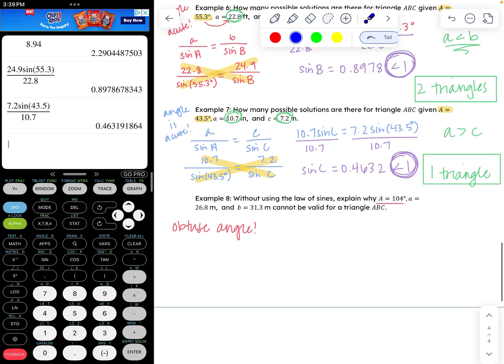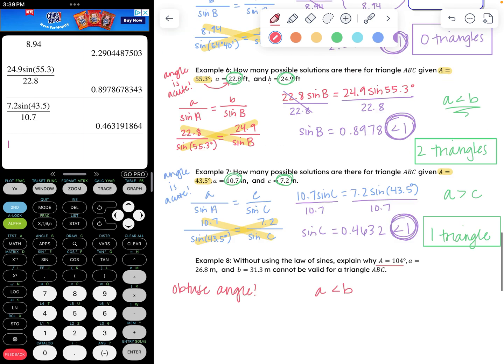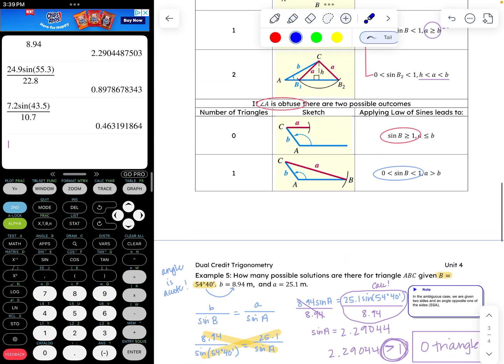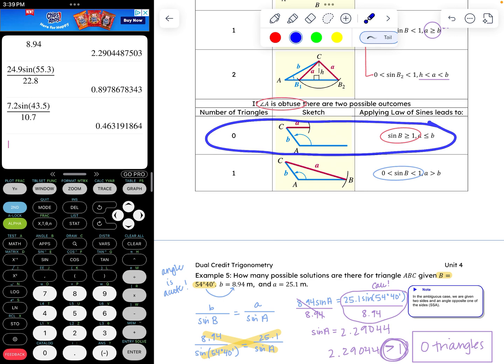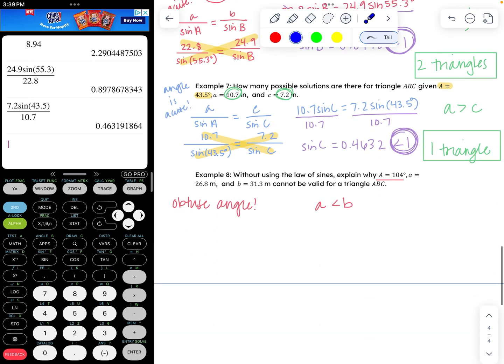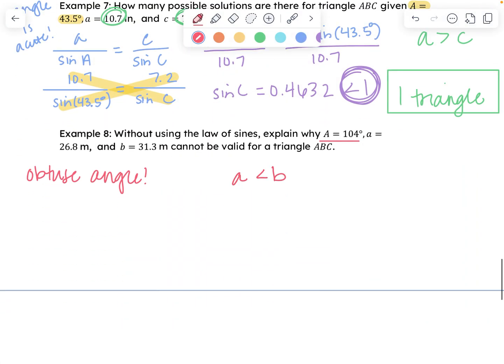So my side A is 26.8 and my side B is 31.3. So A is less than B. If A is less than B, that's how I know that there are no triangles. So I can come down here and make it just a little bit nicer. Let me get rid of the calculator.